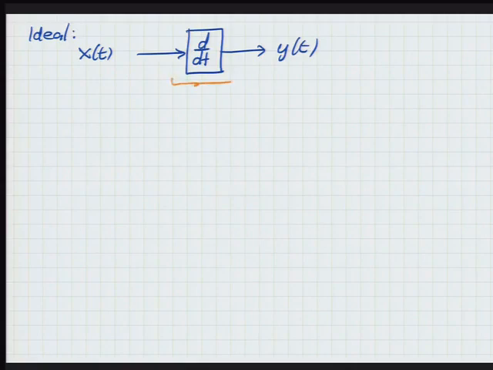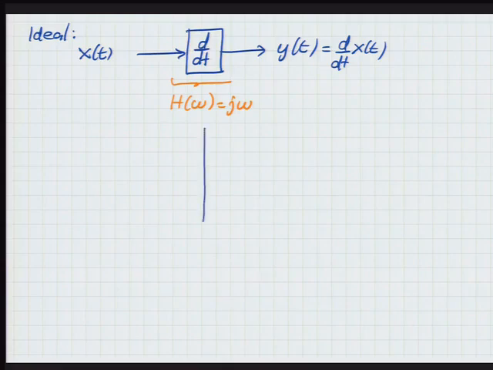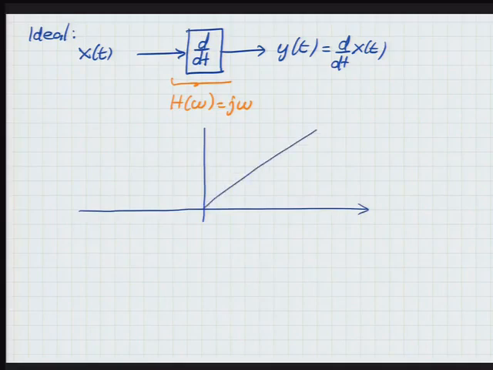Why is that? It follows from the differentiation property. When you take the derivative of a signal, in the frequency domain you just multiply it by j omega. Therefore, this block has frequency response j omega. So if I plot the ideal frequency response of a differentiator, the magnitude of H of omega goes linearly, like this.